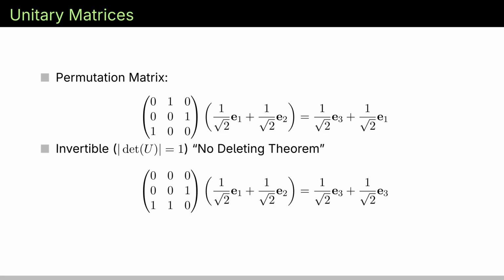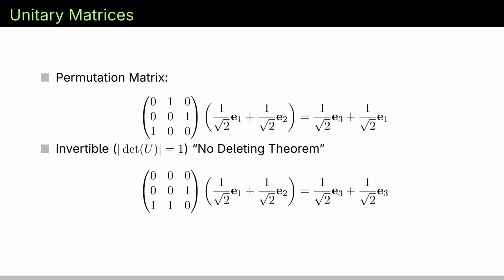Unitary matrices are required to be invertible, so we can't apply an uninvertible operation to these systems. For instance, we can't delete data. If we take a look at this matrix here, when we apply it to a system, it takes state E1 to E3 and also E2 to E3. In effect, we've forgotten whether we started out in state 1 or state 2.